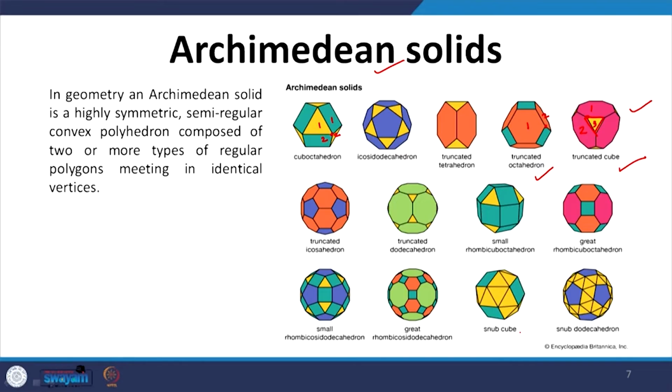So, go ahead and read about each of these Archimedean solids. So, these were the different types of polyhedra, different types of solids which are formed by putting together different types of faces in a very organized manner, in a fixed rule manner.